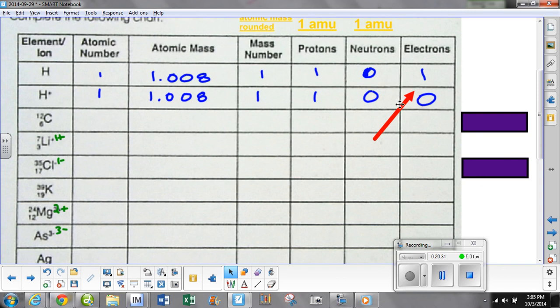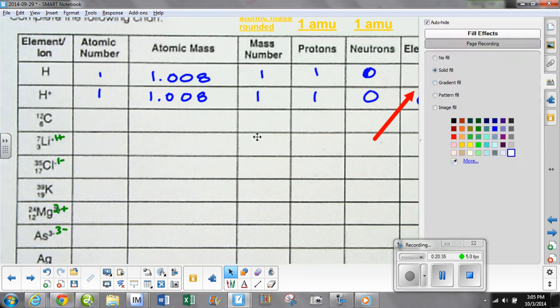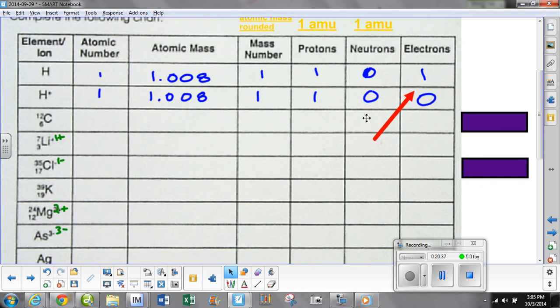Okay? So as you look down here and you see these different atoms, please be sure that you fill these numbers in. So what's the top number and bottom number going to be for hydrogen? What are these two numbers going to be? 1 and 1.